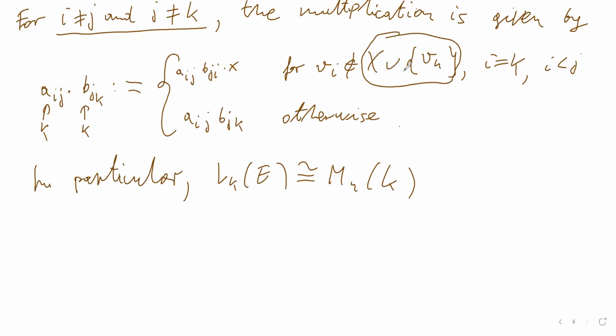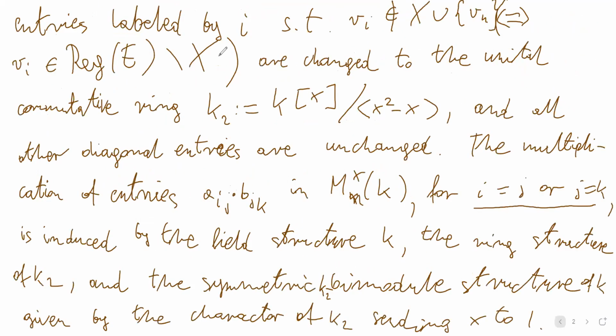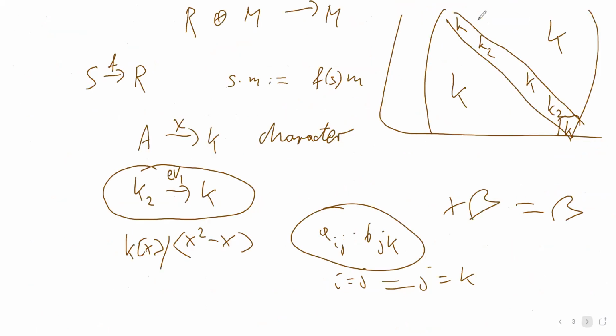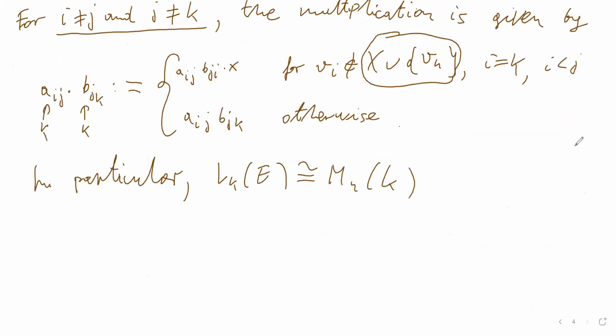This never happens, so the first possibility drops out. And also, if you look at the places where you do modifications, you do modifications at the empty sets. So you don't do any modifications. So all entries are just the field, and you have the usual matrix multiplication. The entries labeled by i start with blah, blah, blah. But if Vi does not belong to the set of all vertices, there is simply no such i. So nothing is modified, no entry. So here you have K all the way through. That's what you've got in particular.